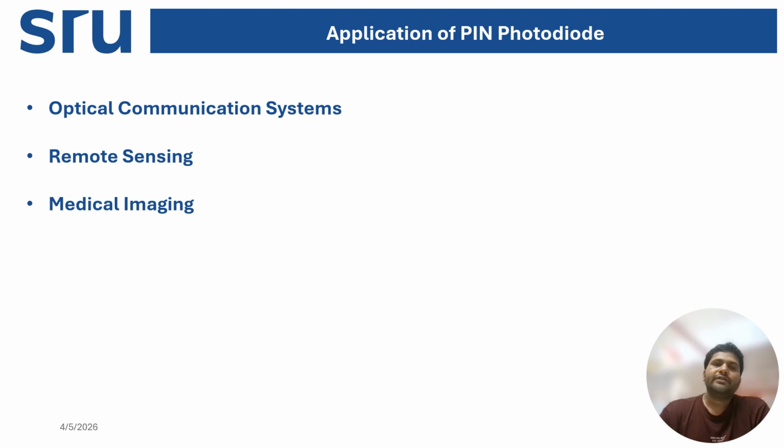Next, medical instruments. They are used in devices like pulse oximeters, CT scanners and blood analysis equipment, for accurate detection of light intensity. Another application is infrared applications. PIN photodiodes are used in remote control receivers, IR sensors and detectors, and night vision systems.